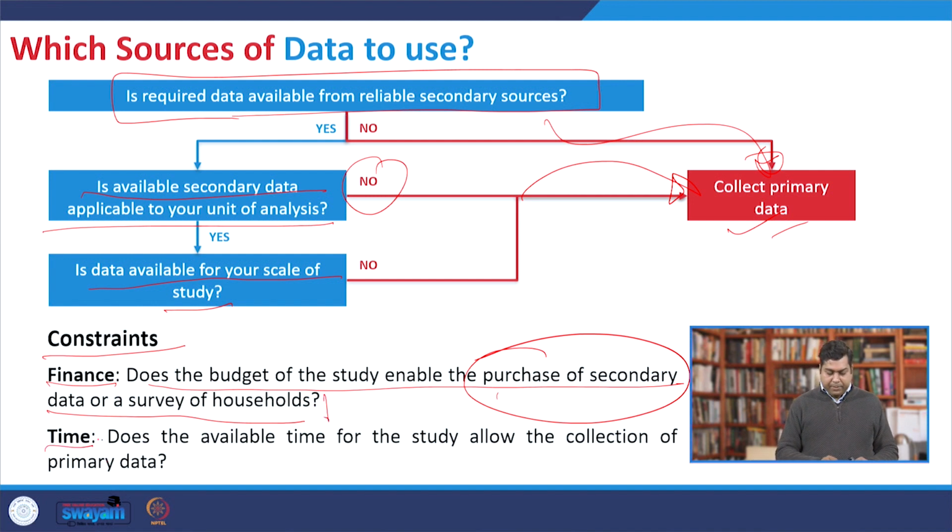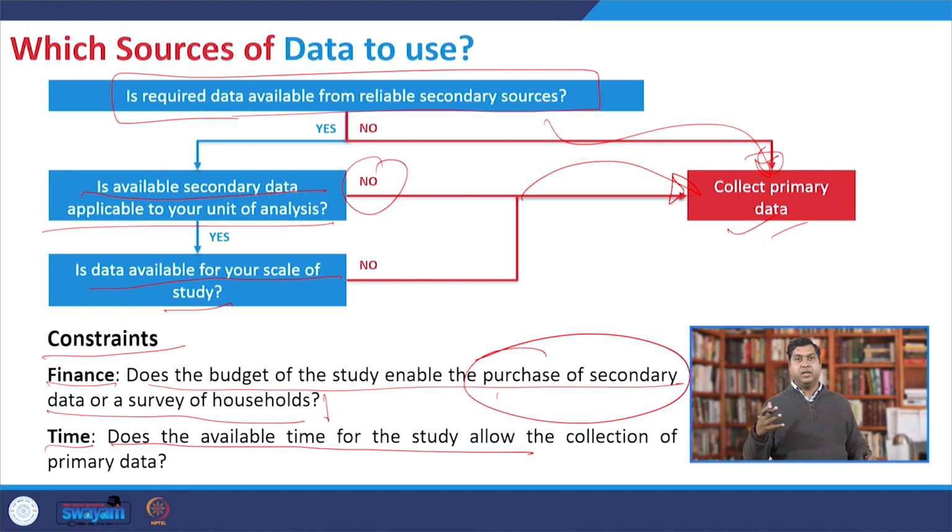Similarly, budget and time are two important aspects. Does the available time for the study allow the collection of primary data? If you say that you do not have much time, and given the nature of the research you are doing, it will mostly rely on secondary information, then primary data is not that essential.